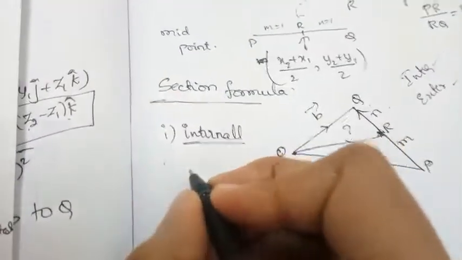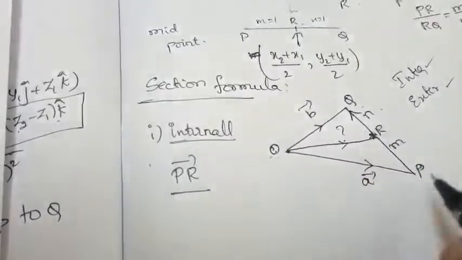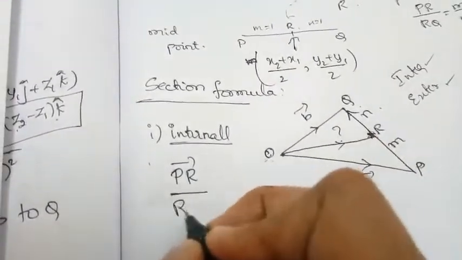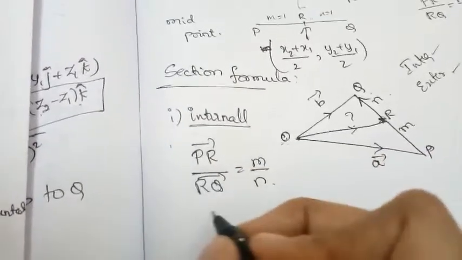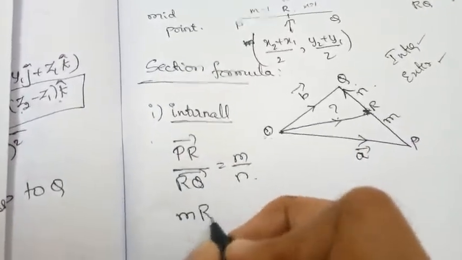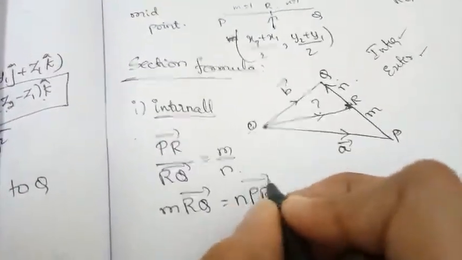So how will it be? Vector PR divided by vector RQ is in the ratio m is to n. Upon cross multiplication, we get m times vector RQ equal to n times vector PR.